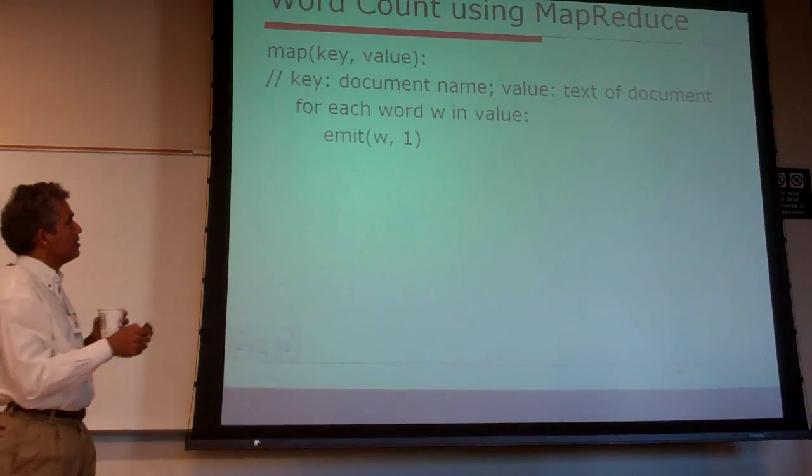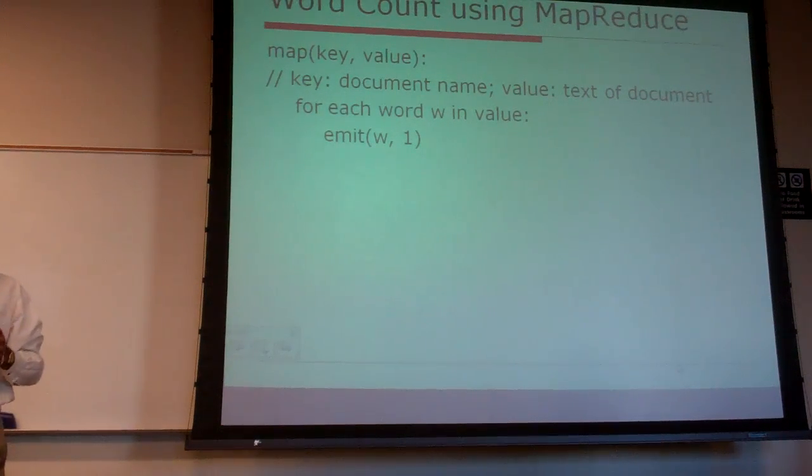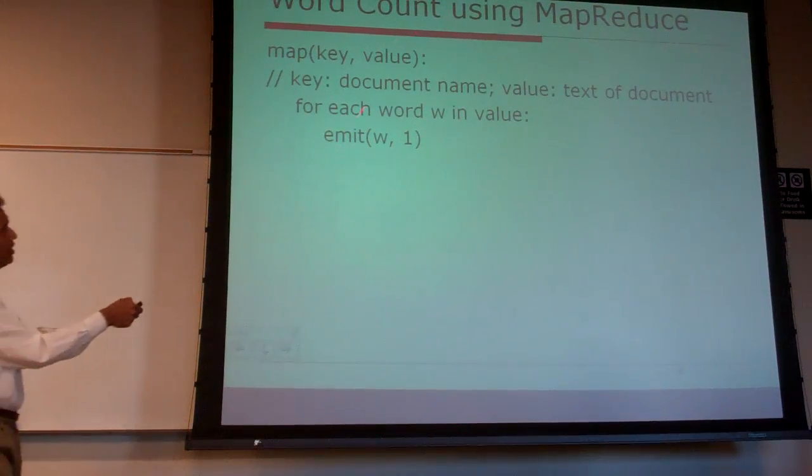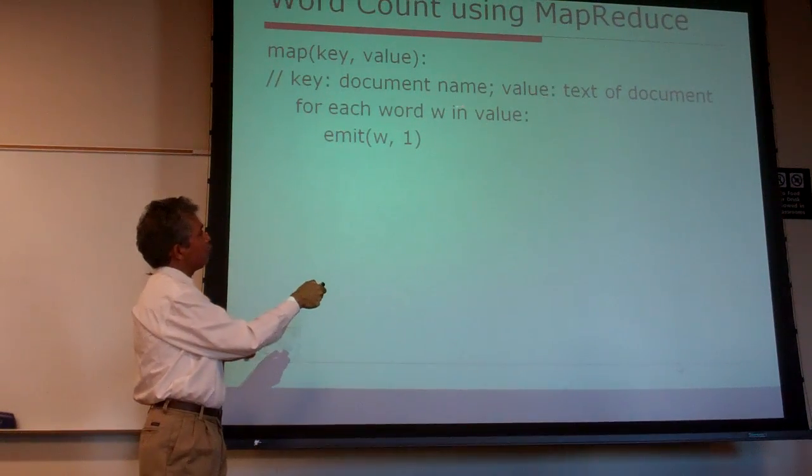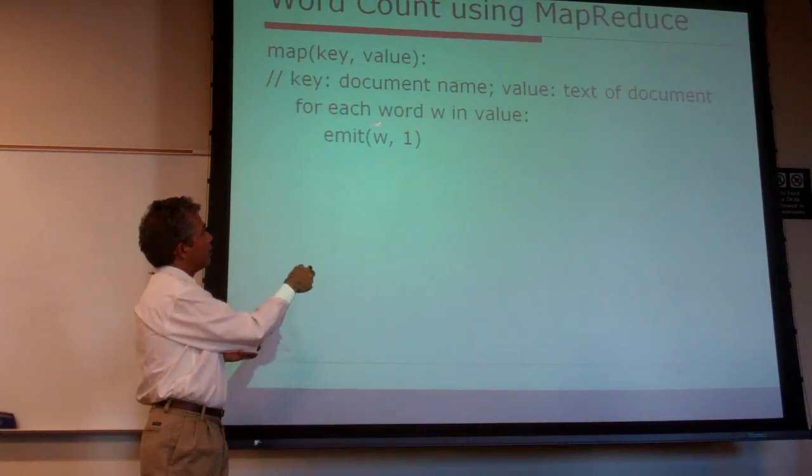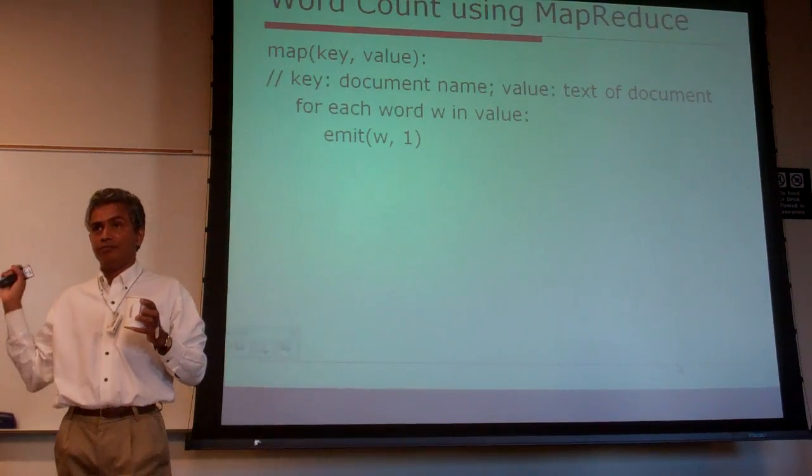Okay, so here is a pseudocode description of counting the occurrences of different words in documents. In the map function, for each word W, you emit (W, 1).